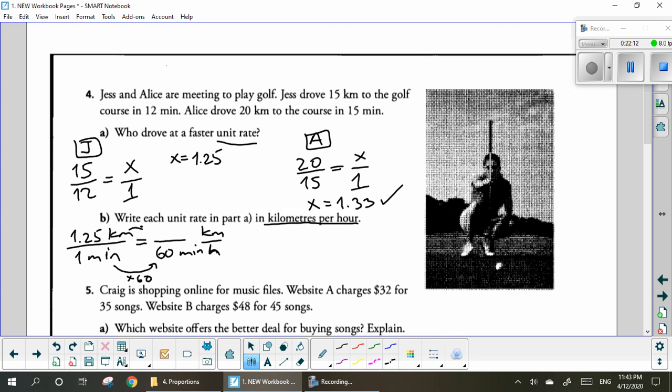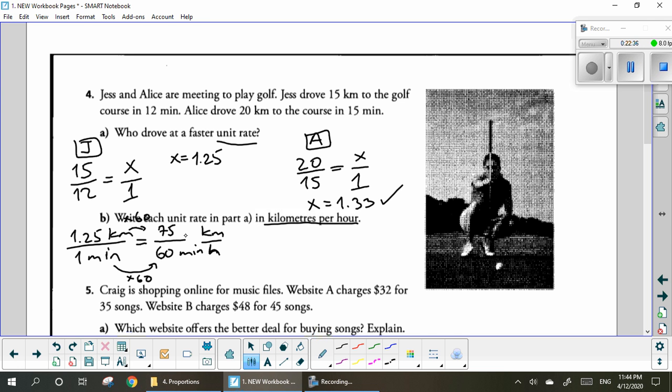And we're going to do the same thing on top. 60, so 1.25 times 60 is 75. There we go. So yes, we kind of did the conversion from 1 minute to 60 minutes, but really we are doing from 1 minute to 1 hour because that is the conversion rate from minutes to hours.